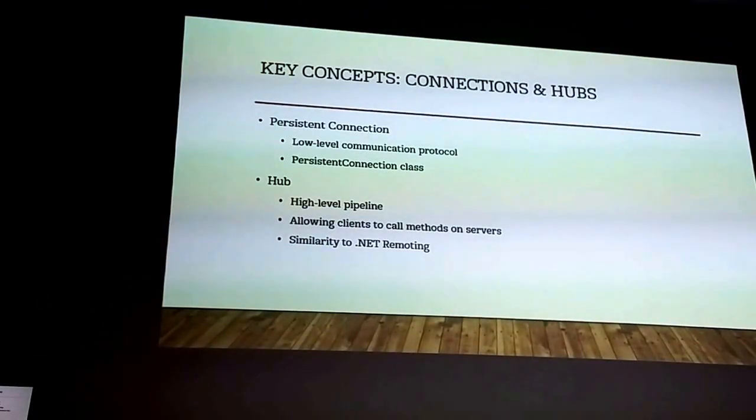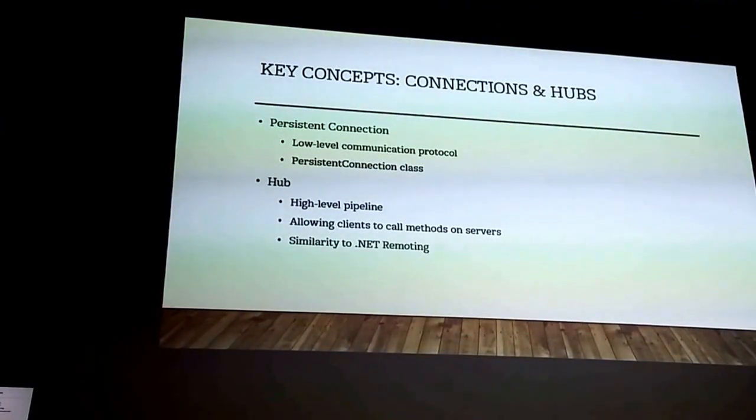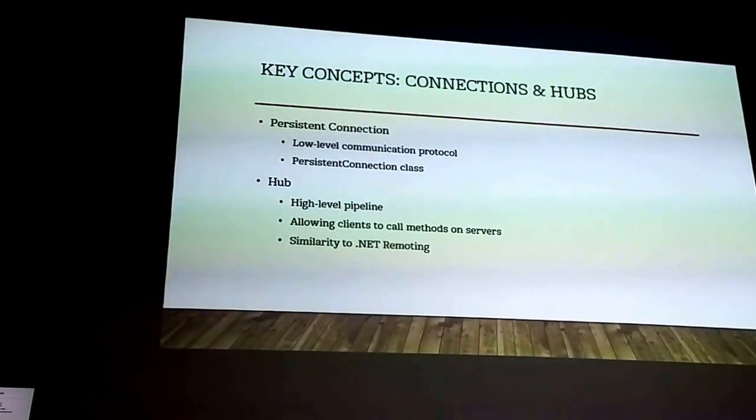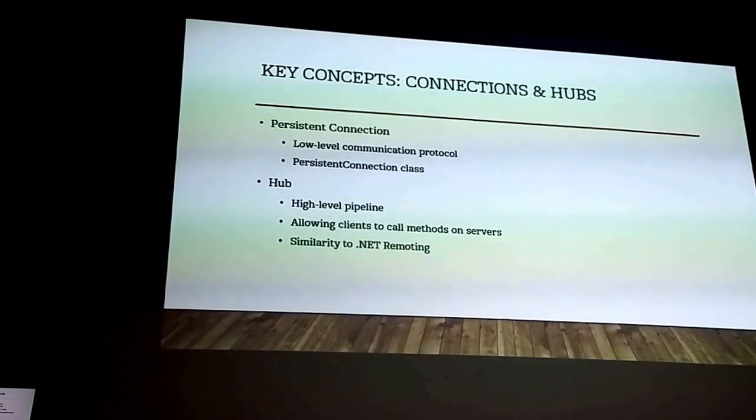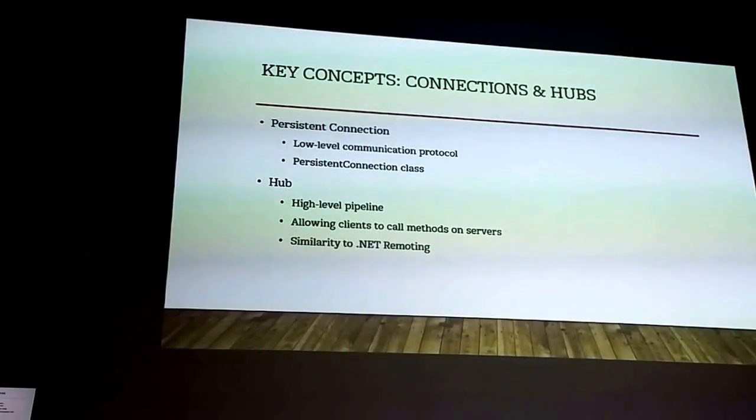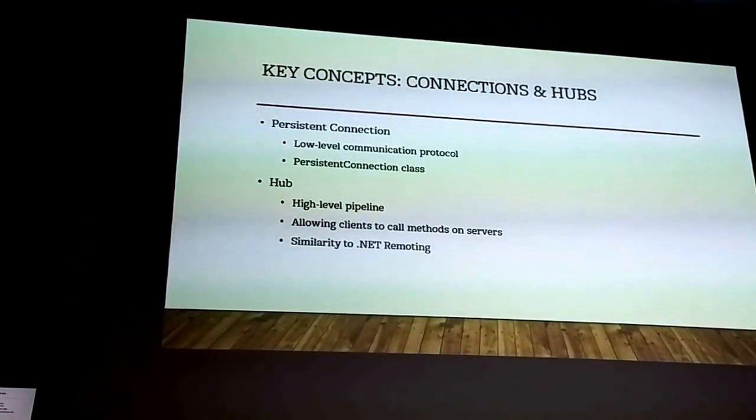So of course, the next thing that is very, very important in SignalR is having the hubs and connections, because these are like the routing, the controller. You can have the persistent connection, which, if I remember correctly, is the older version.